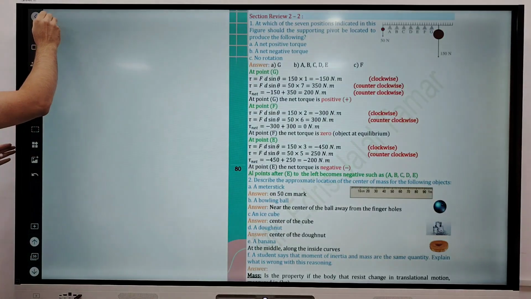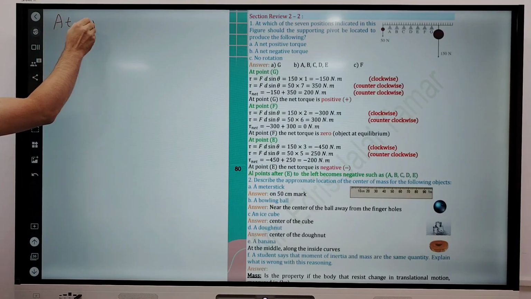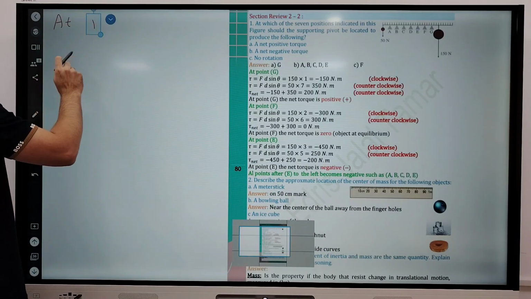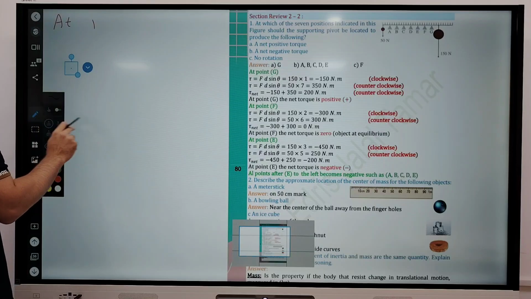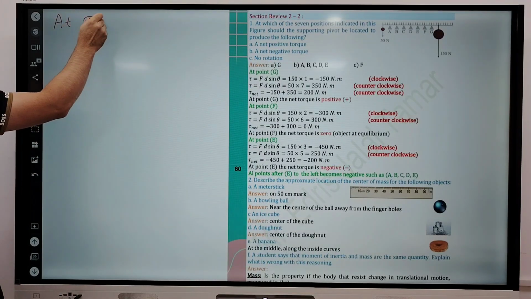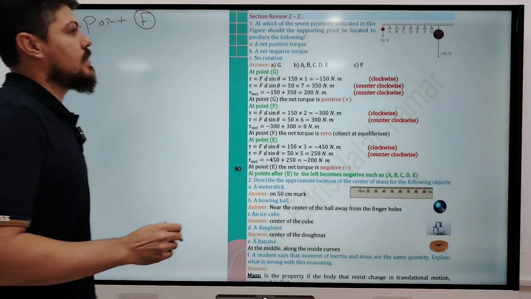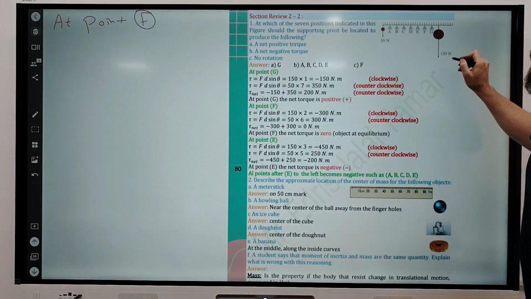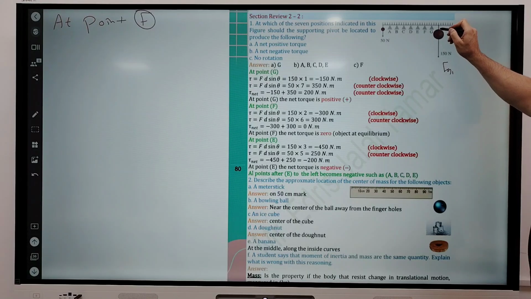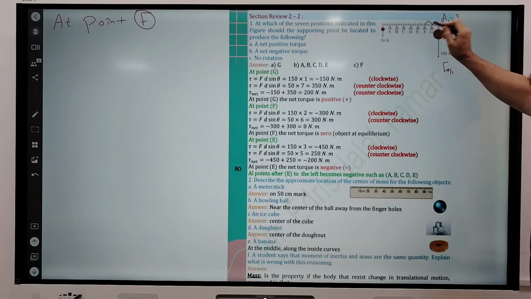Point F. At point F, the distance of the Fg1 to the F is equal to how many meters? 2 meters. This is D1 at point F.